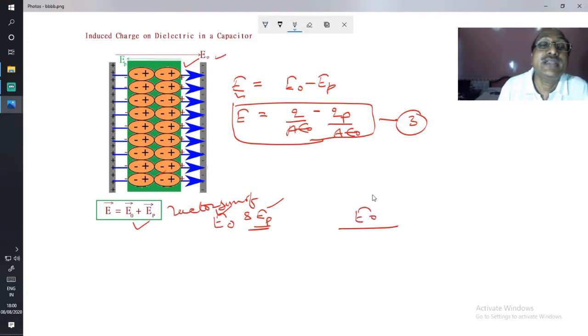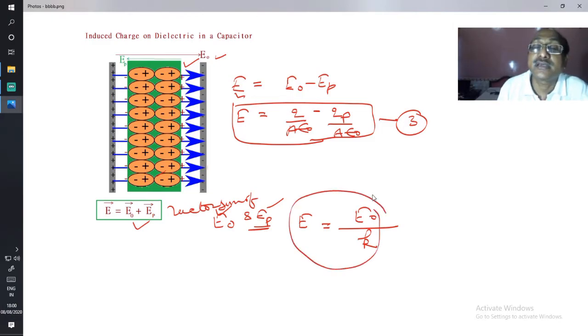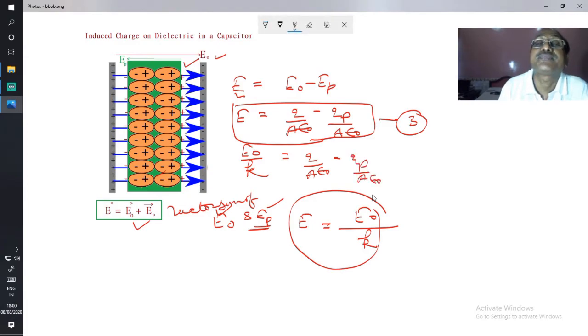Now, when a dielectric material of dielectric constant K is placed, the electric field will become E naught upon K. Therefore, the net electric field is E equals E naught upon K. Therefore, it will become E naught upon K equals Q upon A epsilon naught minus QP upon A epsilon naught.